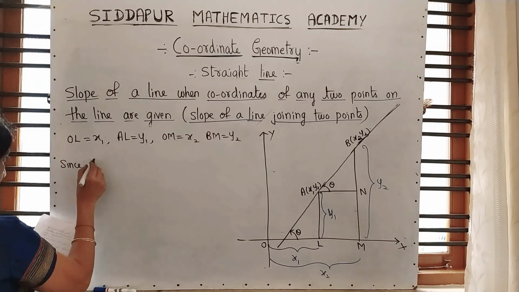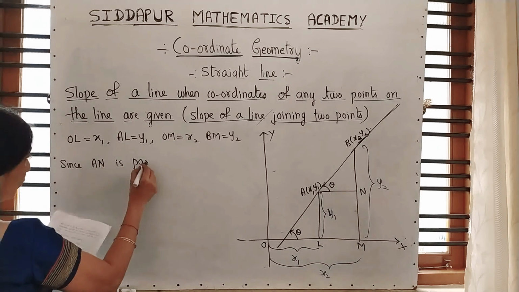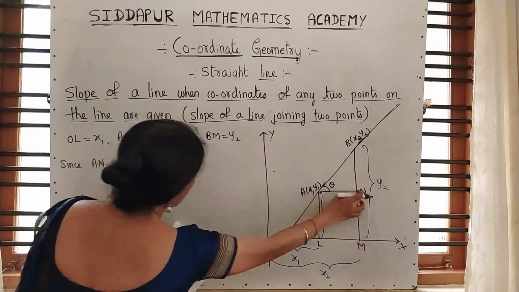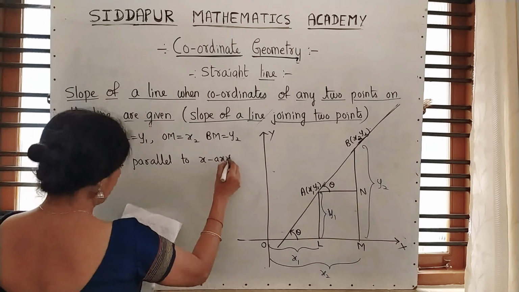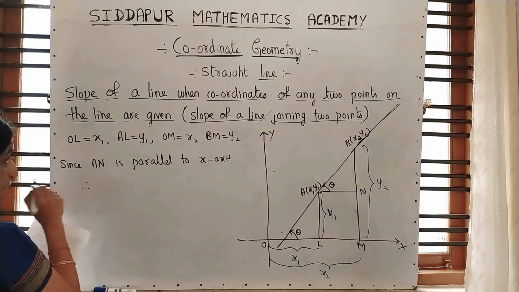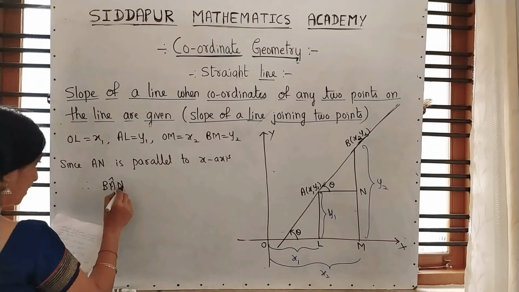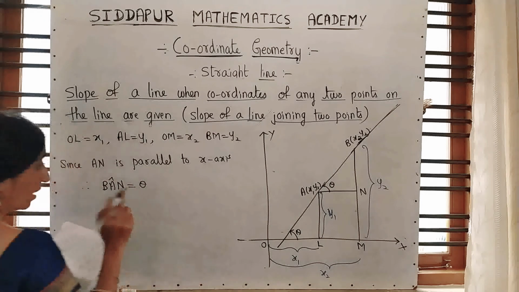Since AN is parallel, observe this figure, AN is parallel to the x-axis, correct? Therefore, angle BAN is equal to theta. Already I told this is a corresponding angle.